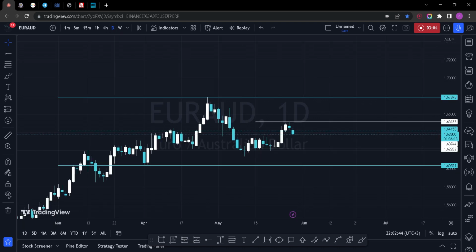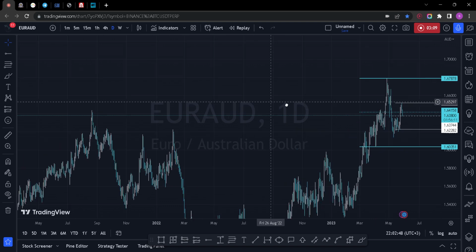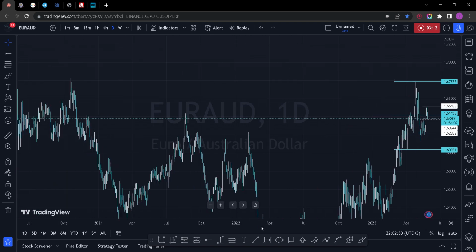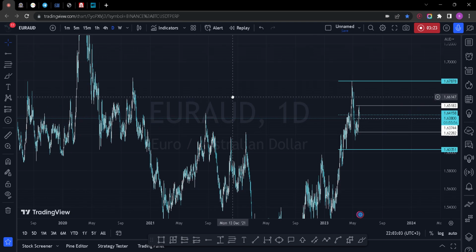Now, when I go to the daily, this is where I look for discount and premium. This is where I look for where the institutions are trying to fill their orders quickly to push the prices lower or higher. And mostly I check the daily order block.